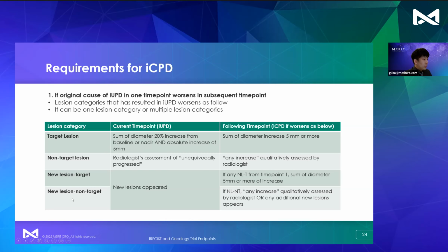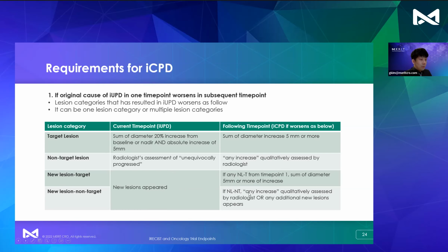For the new lesion target or new lesion non-target, the appearance will initially give the IUPD at one time point. Immediately after this time point, if the new lesion target sum of diameters increases 5 millimeters or more, that is a condition to give the ICPD due to the new lesion target.